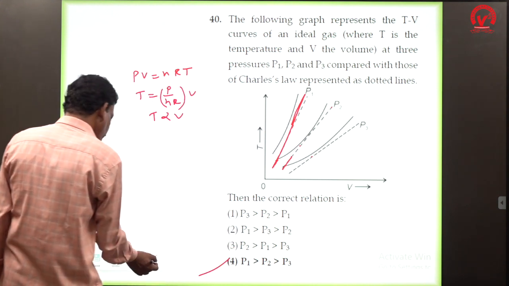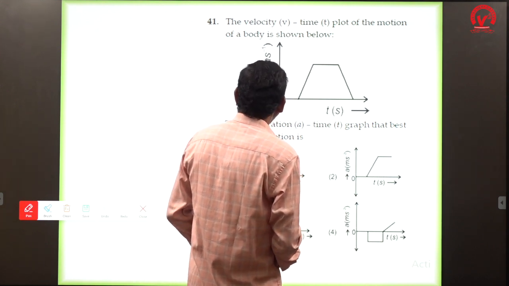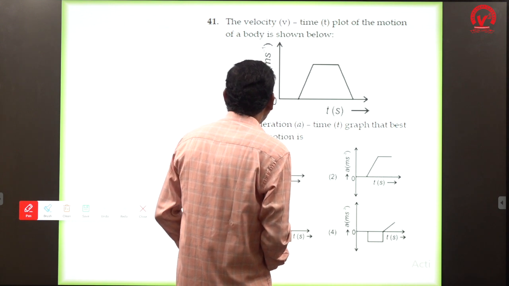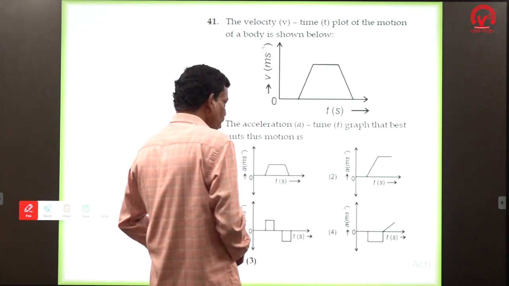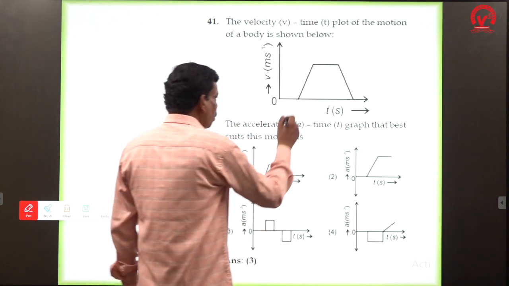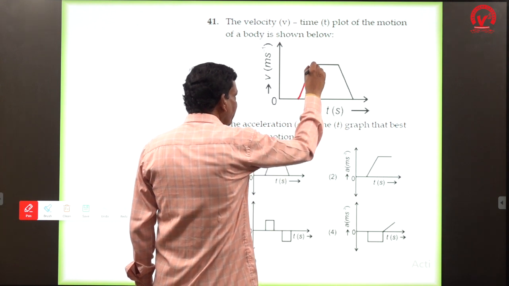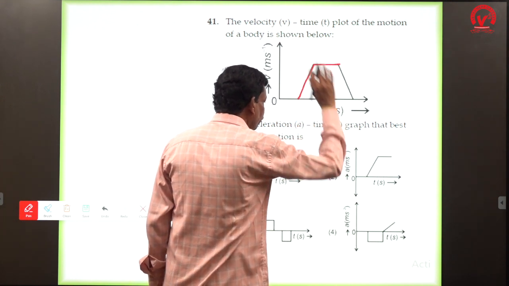Which option? P1 is greater than P2, greater than P3. Fourth option is correct. The velocity versus time graph of the motion of a body is shown below. So here a velocity time graph is given. They ask for the acceleration time graph. Let's see. First we start from 0, then slowly increasing, again constant.